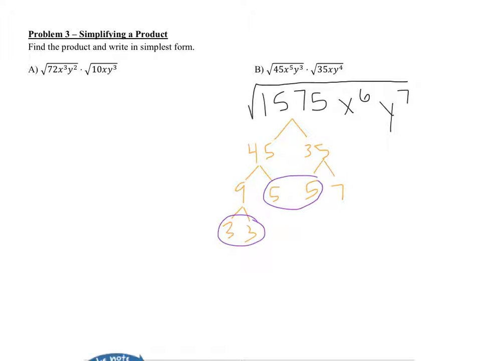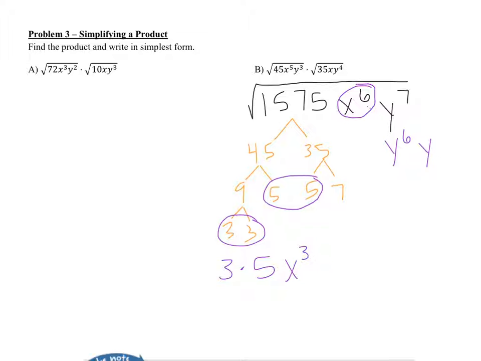Here's a group of 2. Now one thing I can do, there will be 3 groups of 2 in x to the 6th. So I would have a 3 out front because there's a group of 2. This 5 out front because there's a group of 2. I would have x cubed out front because the square root of that would give me x cubed. I could rewrite y to the 7th as y to the 6th times y.